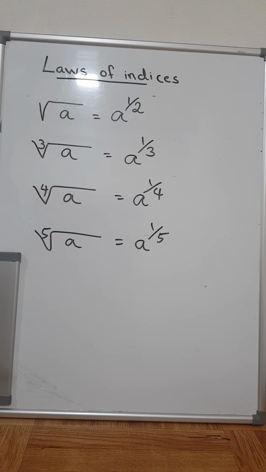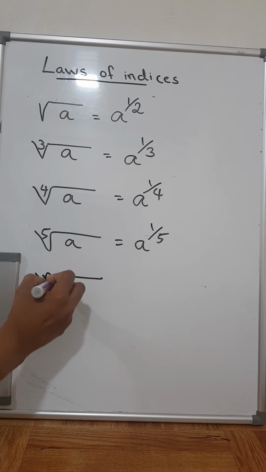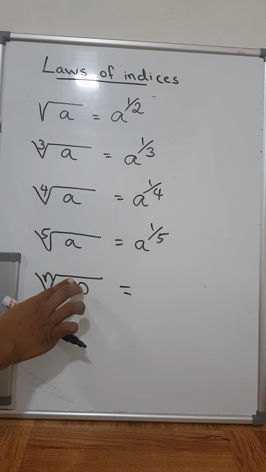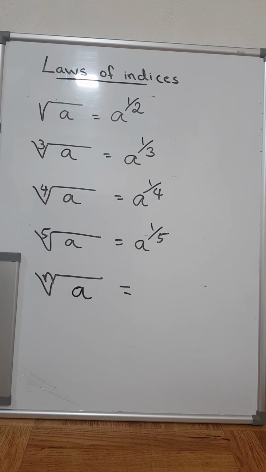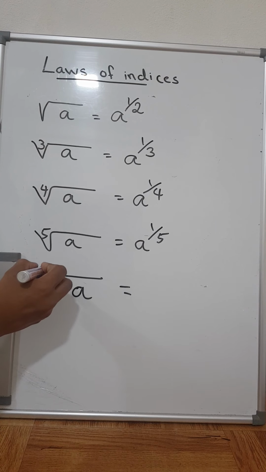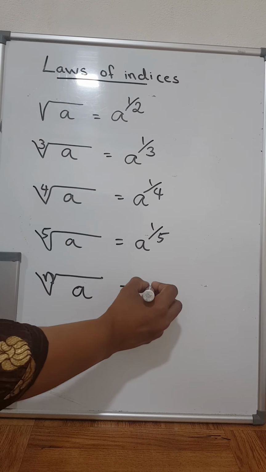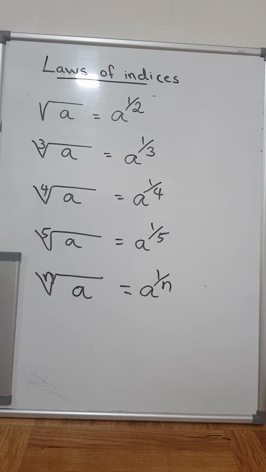Now let's form a general rule. nth root of a. How can we represent nth root of a? You got the answer, right? nth root of a is a to the power 1 by n.